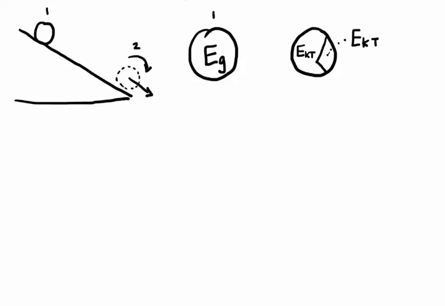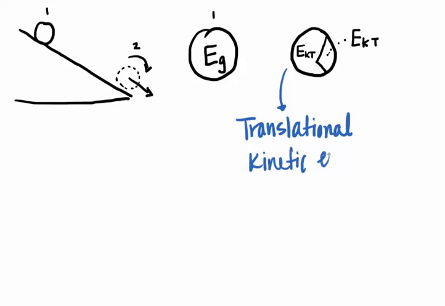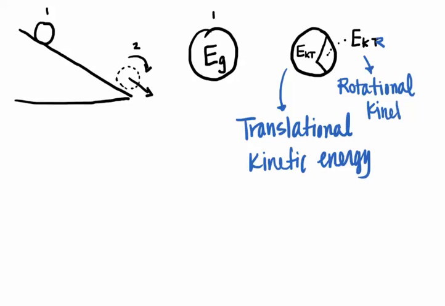The object is translating and it's rotating. So this is translational kinetic energy. And oh, this should have been an R. And this is rotational. So my rotational kinetic energy.